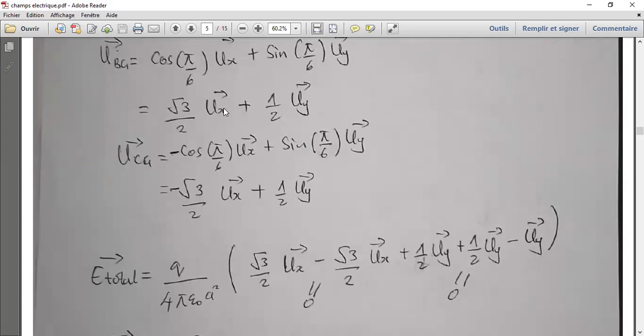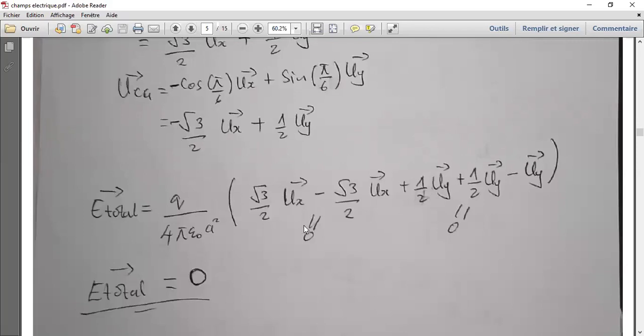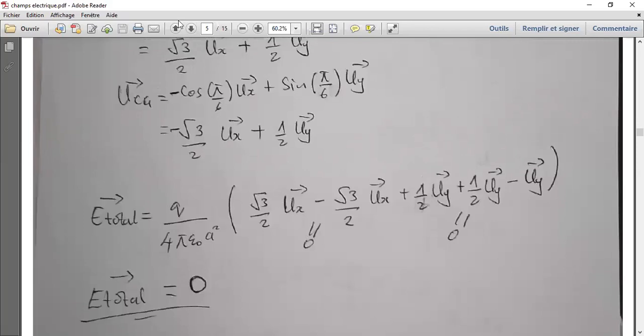Since you have seen here, there's ux, there's also ux: for UBG there's ux, for UCG there's ux. For UBG there's uy, for UCG there's uy, and for UAG there's also uy. So I had to group them together. I started with the ux. The ux we have under UBG.